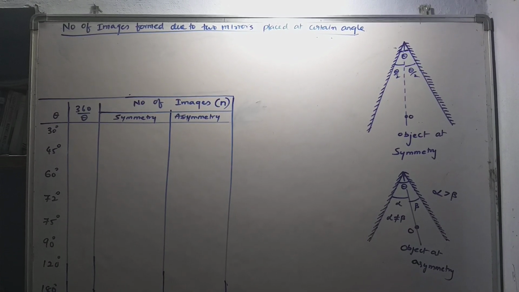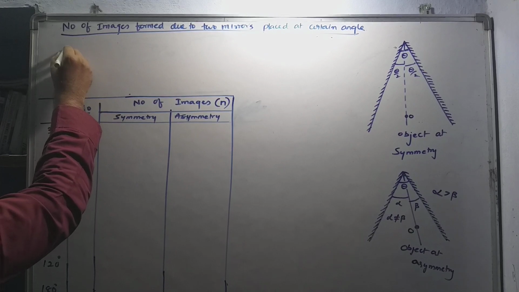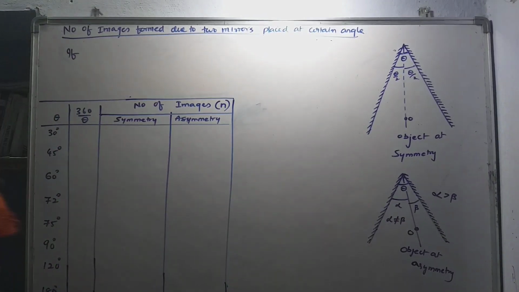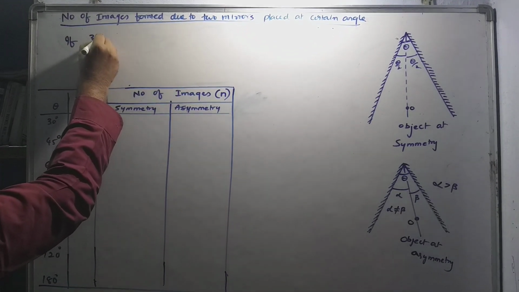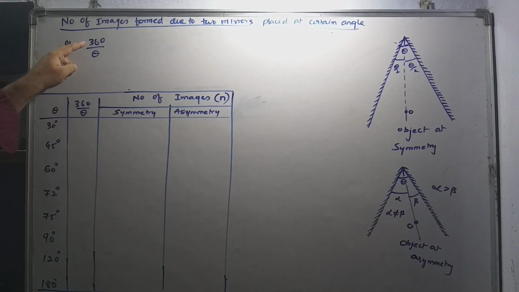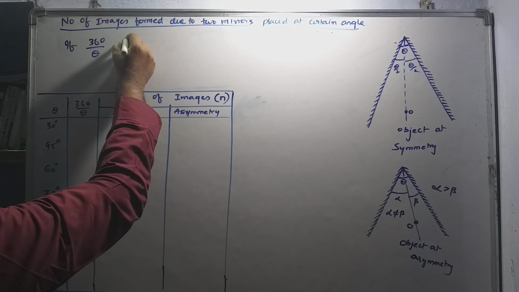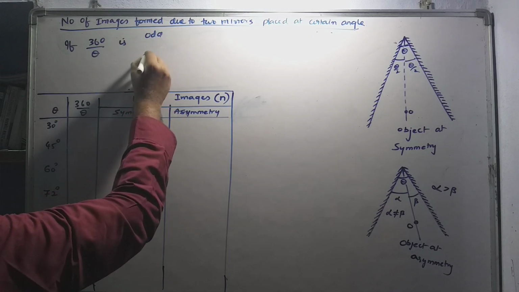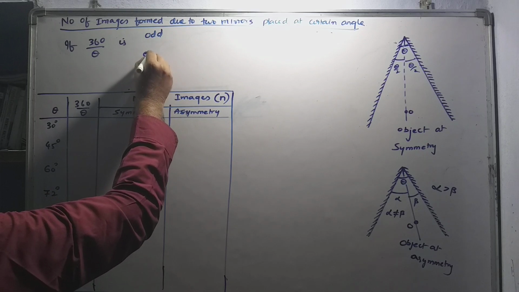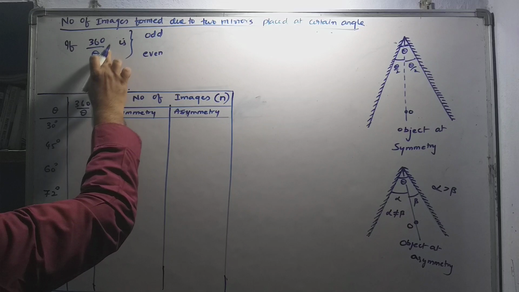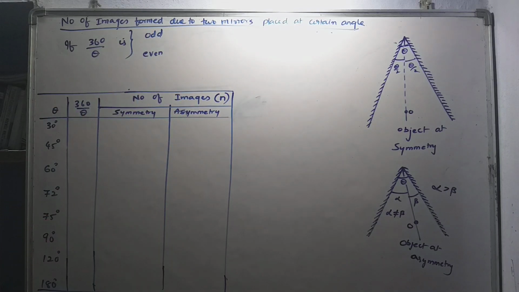By a simple concept. The first thing you have to do is, whatever angle you are placing between the two mirrors, you have to divide 360 degrees by that angle. You have to find 360 by theta first. And this 360 by theta can be odd or even, so there are two situations here.